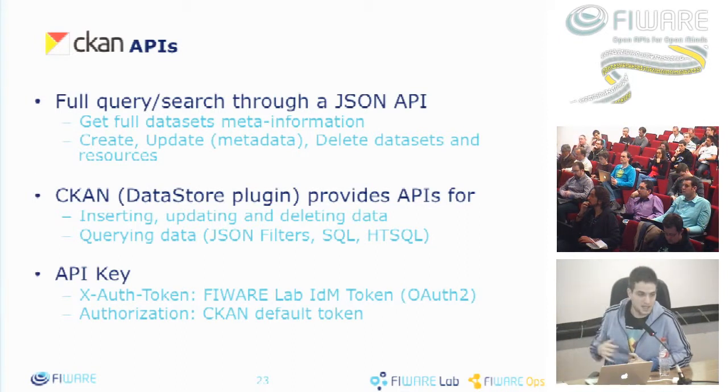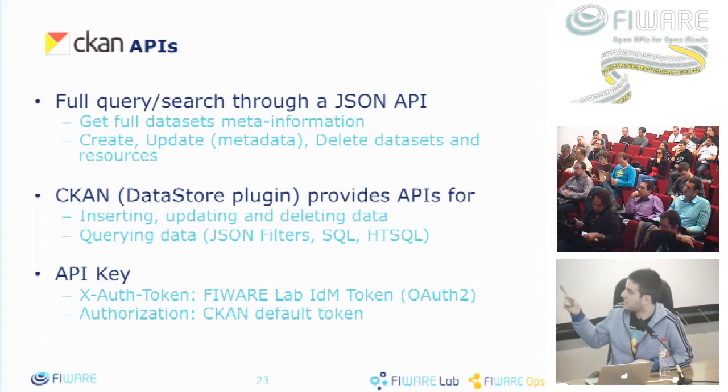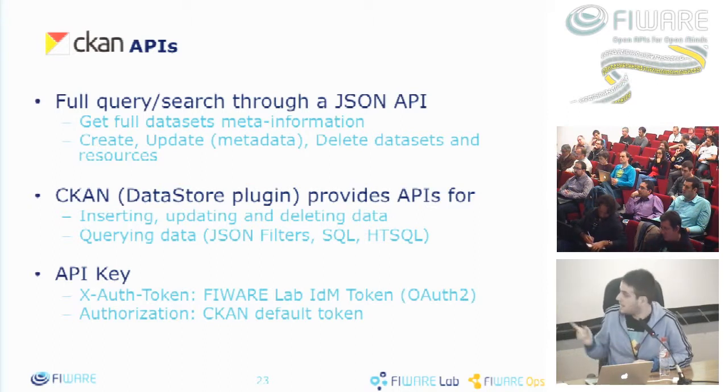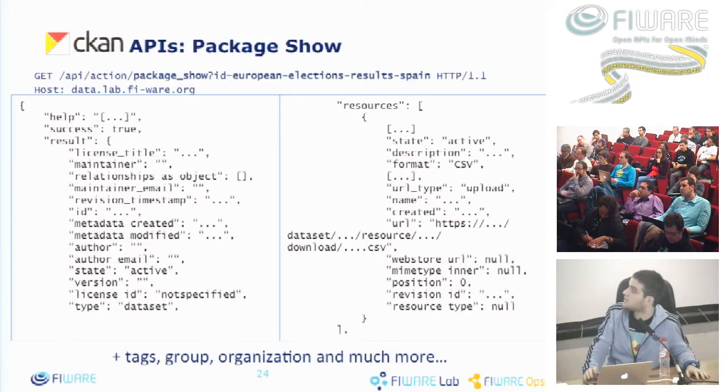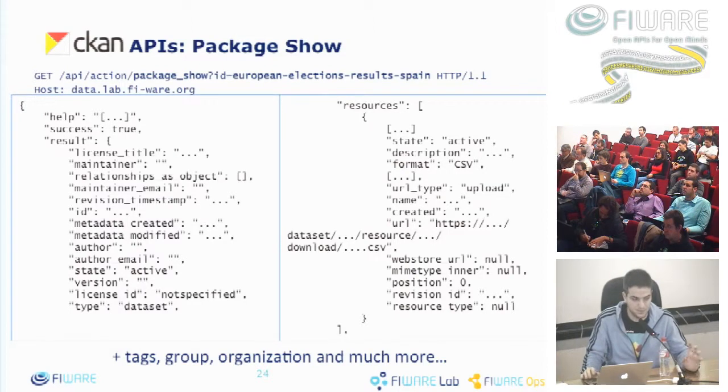The first one is the FIWARE token that you will receive when you use the IDM, and the last one, the authorization token, is the one you can view when you enter your profile in CKAN. This is the standard one, while the X-Auth token is used in the integration between FIWARE and CKAN.